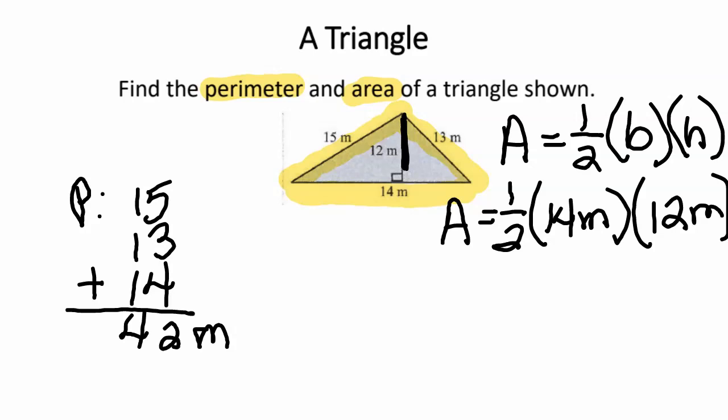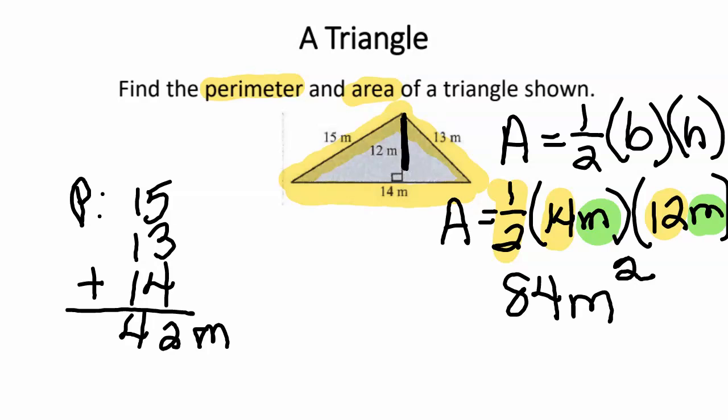Multiply the numbers. 1/2 times 14 times 12 is going to give me 84. But be careful. We're multiplying meters times meters, which means my answer is meters squared.